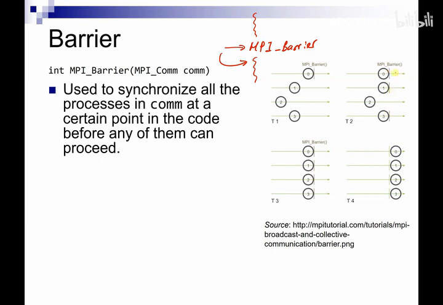They're not going to do any code that goes past the barrier. They're going to wait at this barrier operation until all of the processes have hit the barrier. After that, they're allowed to go past the barrier and do the operations after the barrier. So this is a way for all of the processes to synchronize with each other.